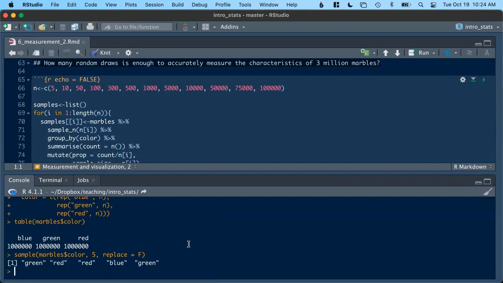So now I can compute it again as 0.4 minus 0.33 to get a sampling error of 0.07. So the sampling error is much smaller this time around, but that's pure chance, right?